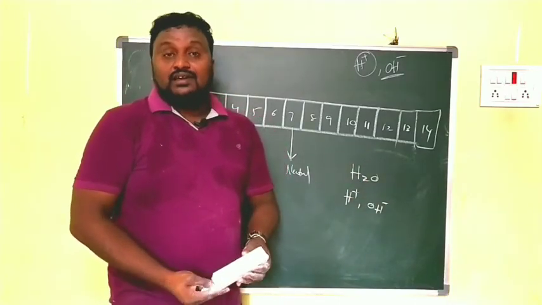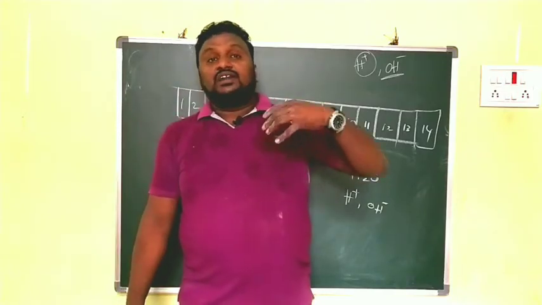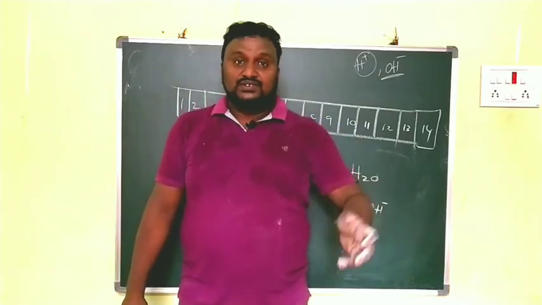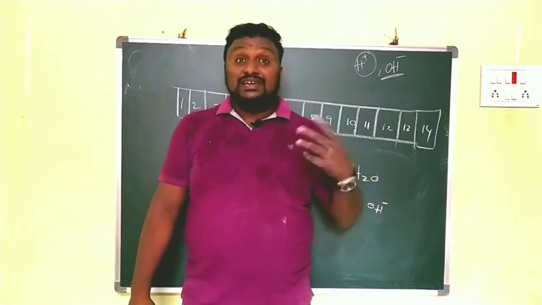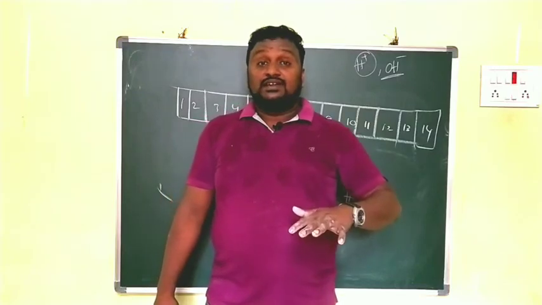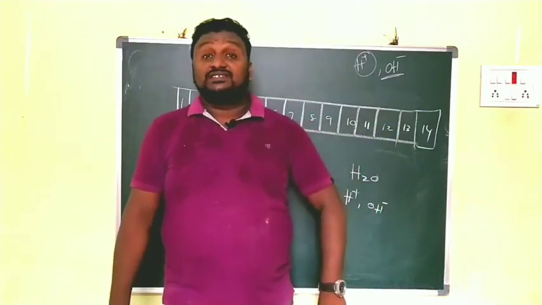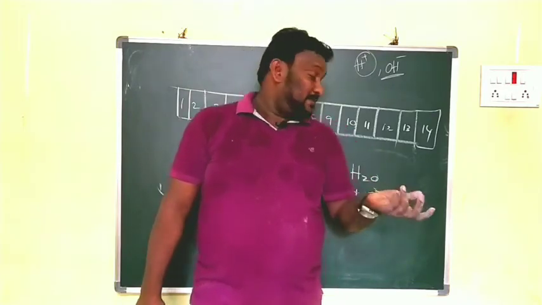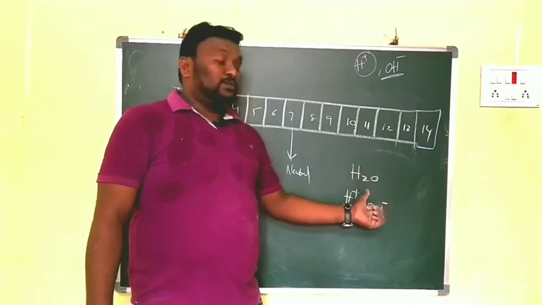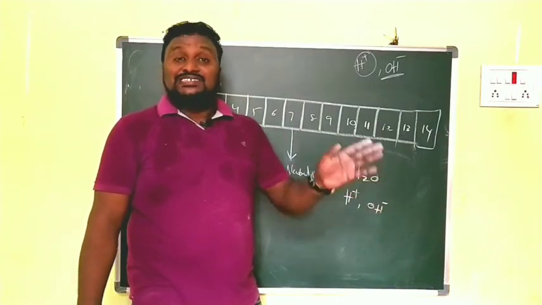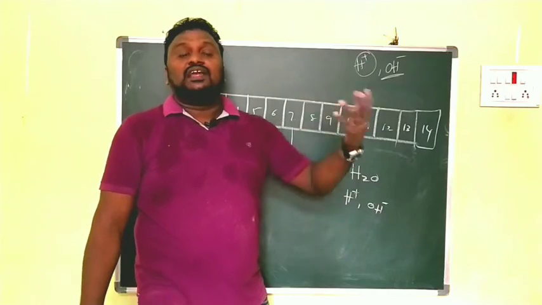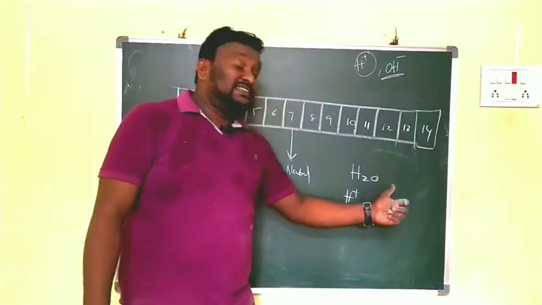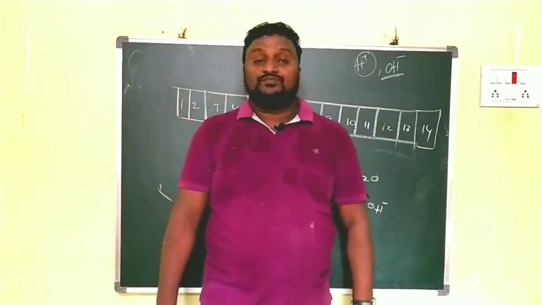Sometimes, when testing water, it is not neutral, it is some acid or some base. In some areas we may get such problems, and in daily life we can observe this in many areas. That's why we go for purified water, mineral water, like that. So in H2O, if H plus ions are more, the nature of water is acidic. And if OH minus is more, then the nature of water is basic.